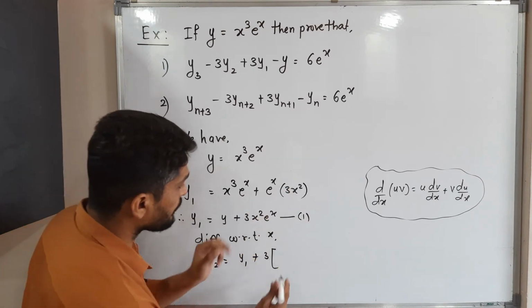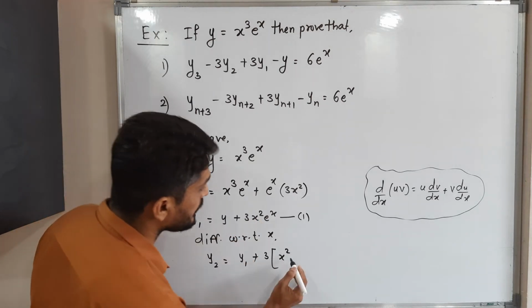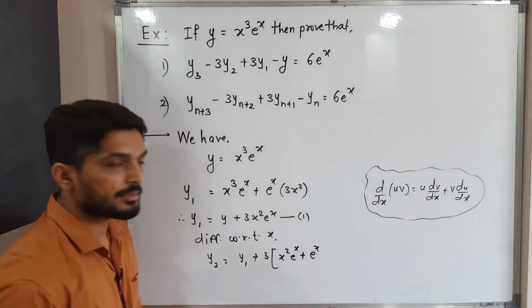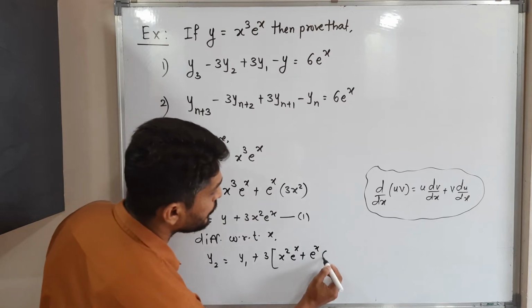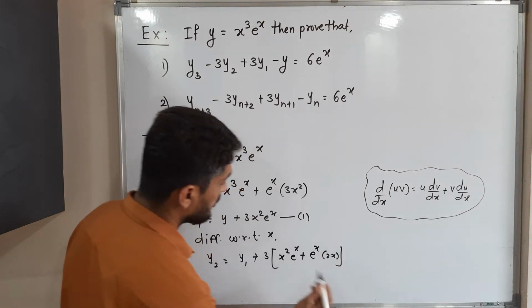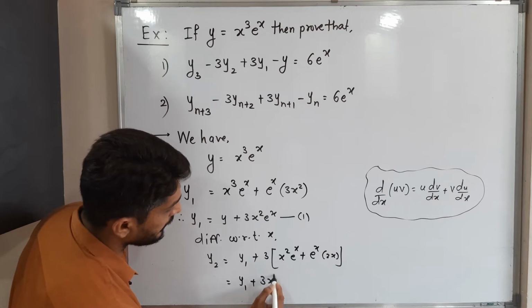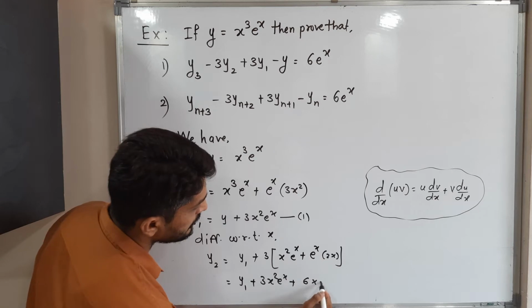Let us apply that formula. x square as it is, derivative of e raised to x is e raised to x. Now e raised to x as it is and derivative of x square is 2x. Let us solve this bracket. So this is y1 plus 3x square e raised to x, 3 into 2, 6x e raised to x.